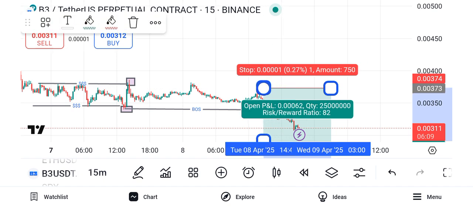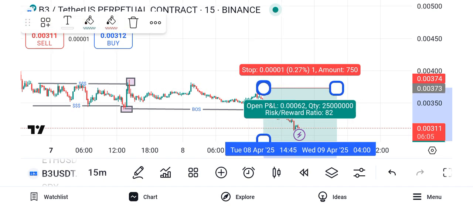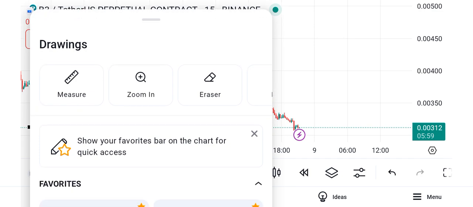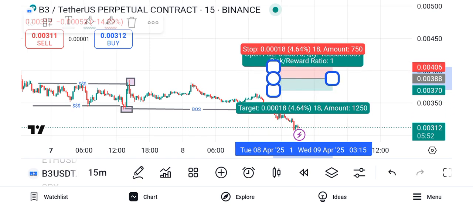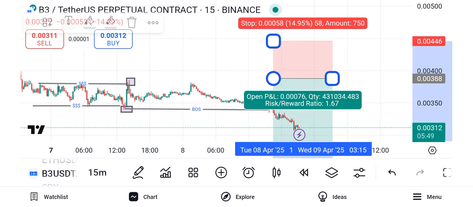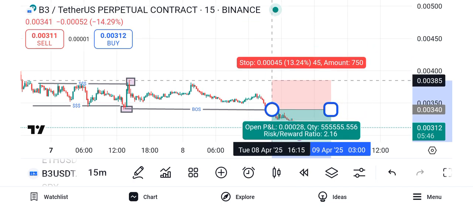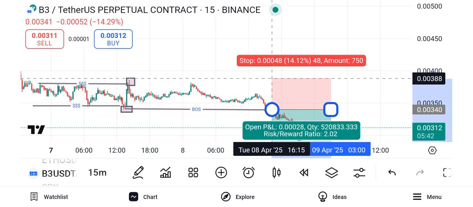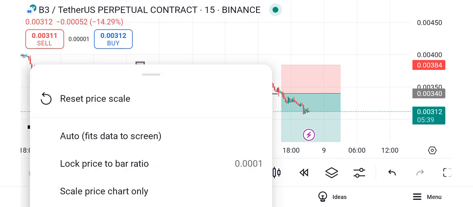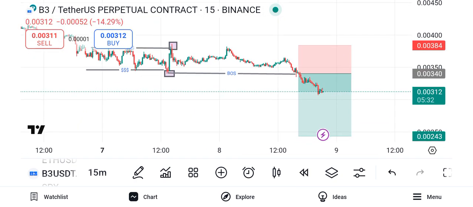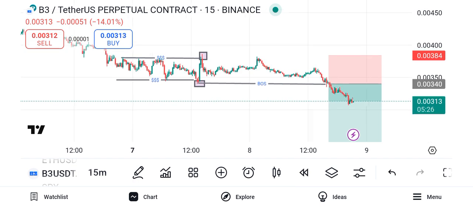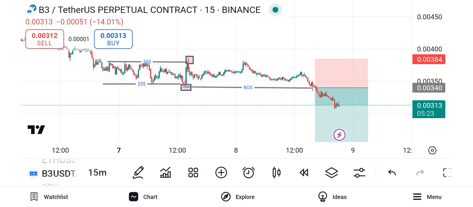You put your stop loss just above this high here, or around this area, and then you sell the market down to the next key zone.